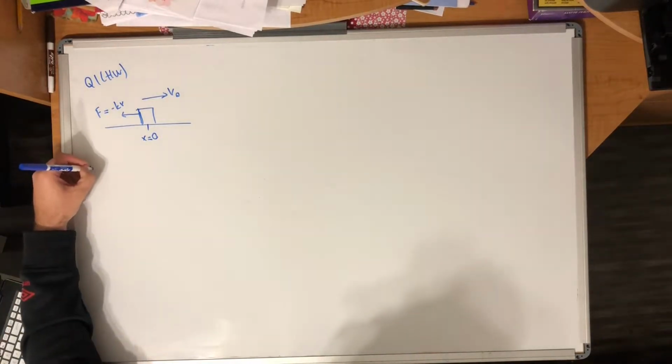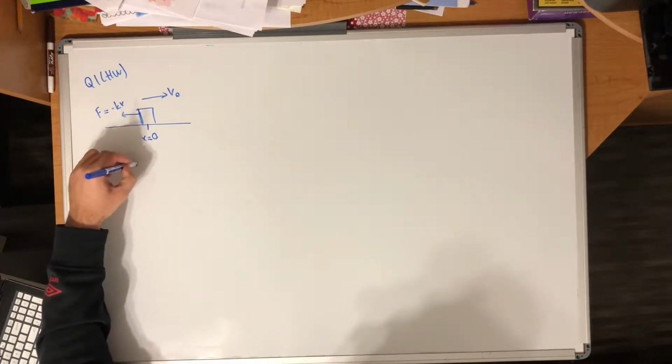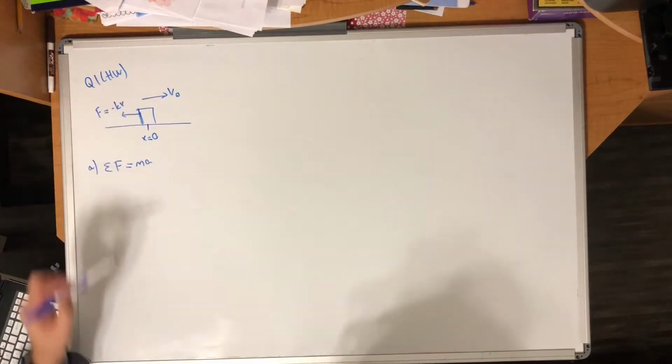So in part A, all you have to do is write Newton's second law of motion, total F equals mass times acceleration. They're not asking for velocity, they are directly asking for acceleration. So just write down all the forces acting on the horizontal axis.